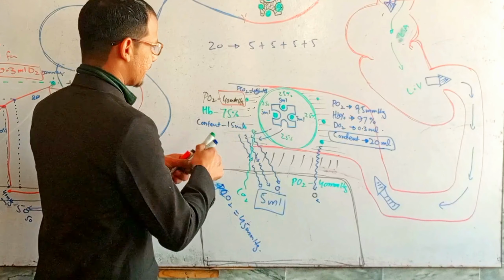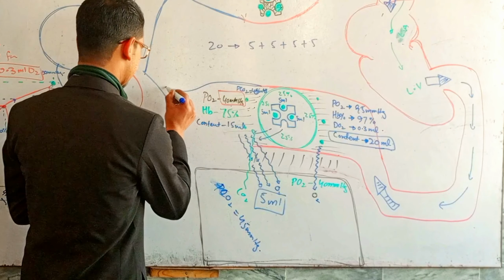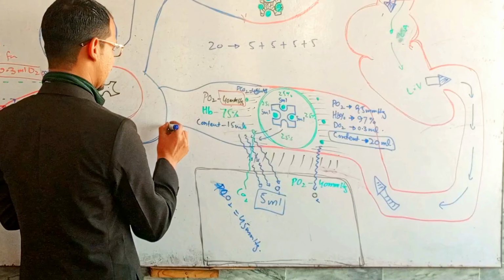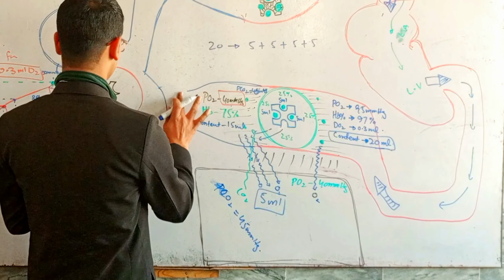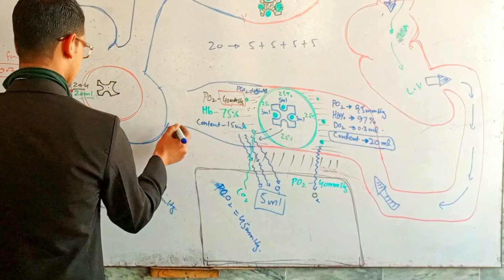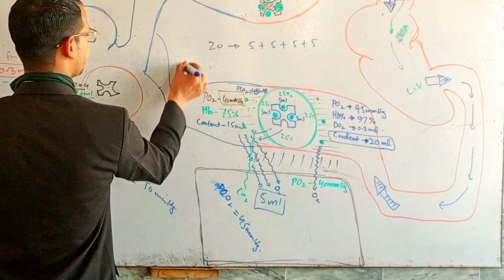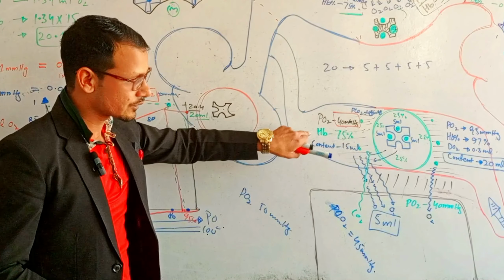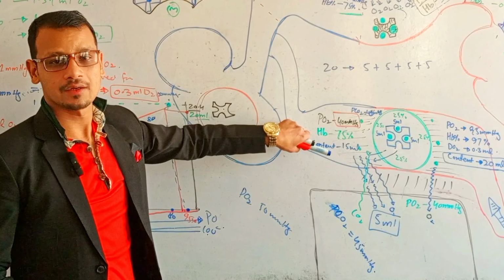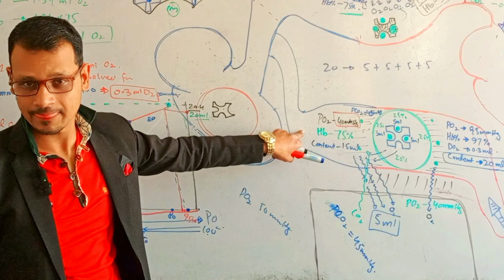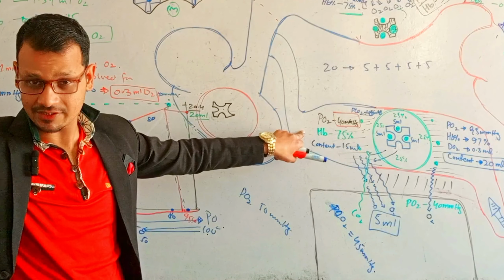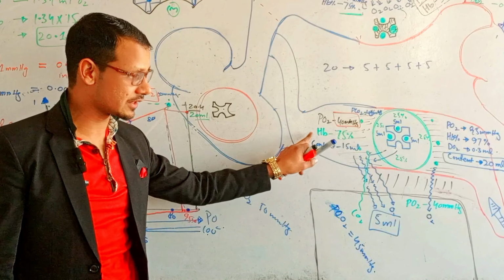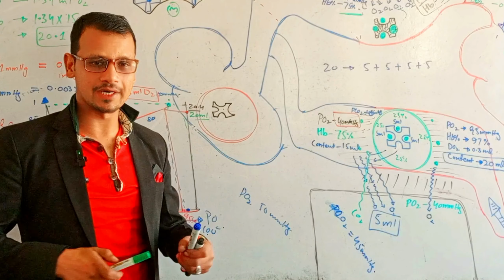But here this blood becomes deoxygenated, and goes into the vein, which is called the vena cava, inferior or superior. The superior vena cava takes deoxygenated blood from the upper parts, and the inferior is from the lower parts.